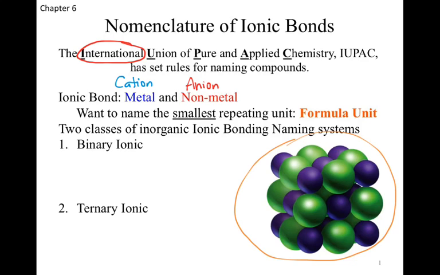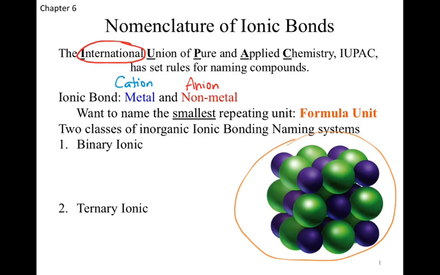So instead of looking at it as a molecule, we'll typically refer to it as the formula unit, which is your smallest repeating unit. Okay, so that's what's going to happen with your ionic bonds. Whenever we're trying to discuss them, you have to realize that a sample is going to have a whole bunch of these in very regular alternating fashion, but we're really only thinking about that simplest combination.